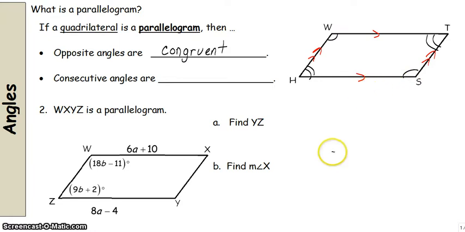I know back in chapter 3, we talked about how if we had these two intersections, you can't compare on a diagonal. And that's true. The only reason this still works is because of the second bullet point here. Consecutive angles are supplementary.